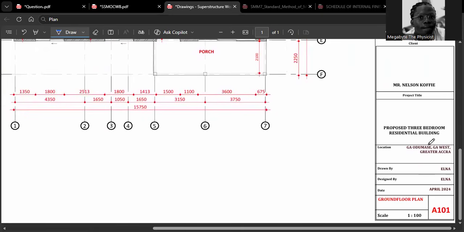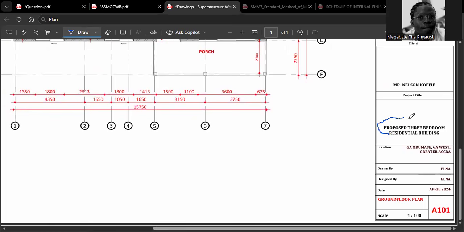This is a proposed 3-bedroom residential building. So that is the title of the plan. Exactly. And so this is a proposed 3-bedroom residential building, as simple as that. So that is what we are coming to work on.